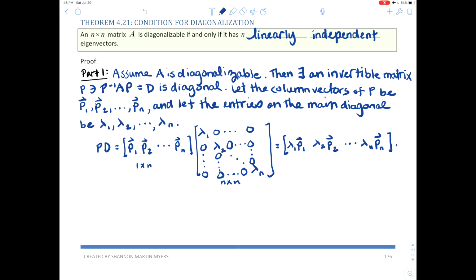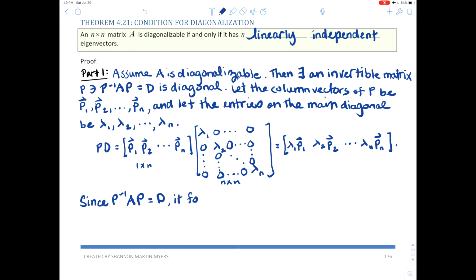Now, since P inverse times A times P is equal to this diagonal matrix, what do you think?